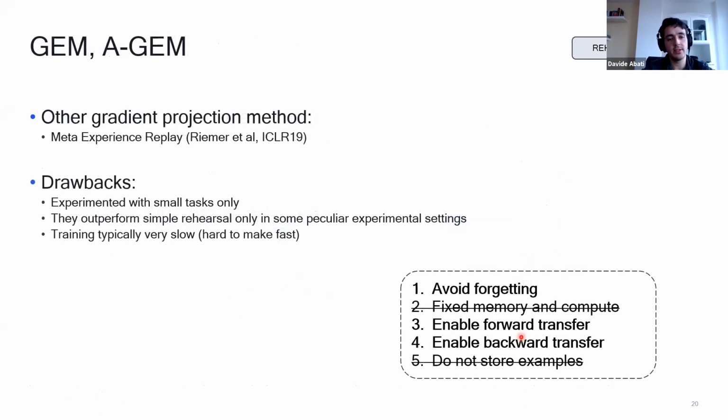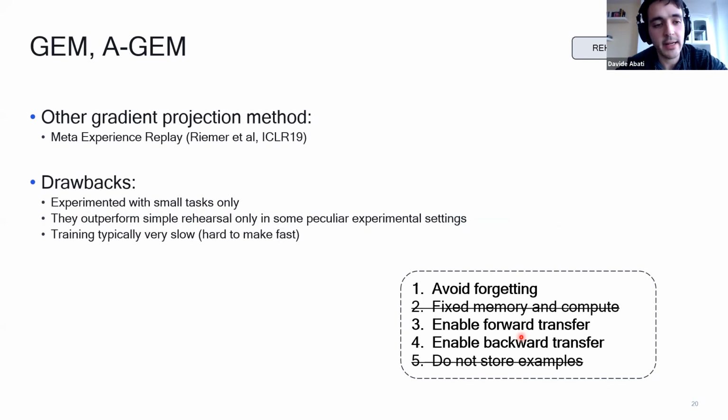Gradient projection methods are usually experimented with small tasks, such as 1,000 examples per task, and they outperform simple rehearsal in those peculiar settings. But when the tasks have enough data to be learned, simple rehearsal is basically equivalent to them.